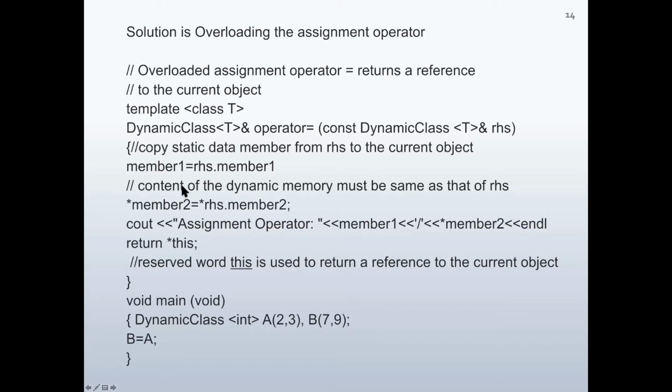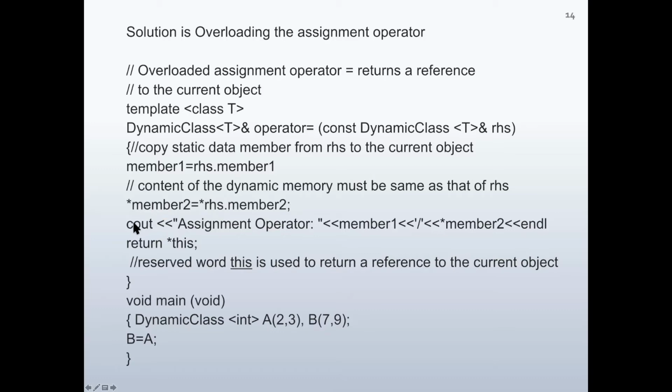And also the content of the dynamic memory must be the same as that of RHS. For this purpose, the object pointed by member 2 is assigned the same value as the object pointed by member 2 of RHS.